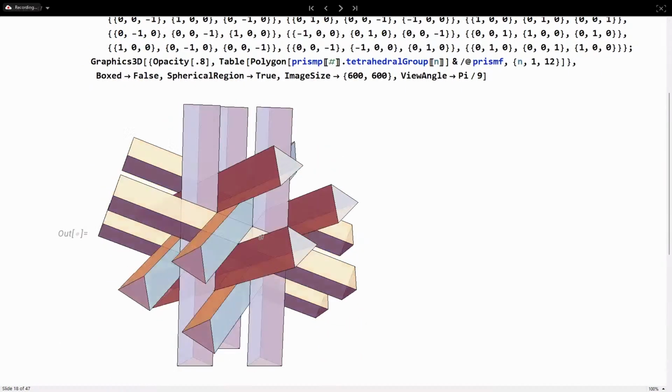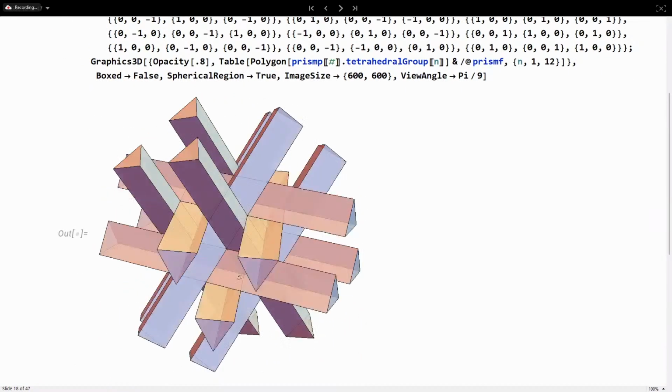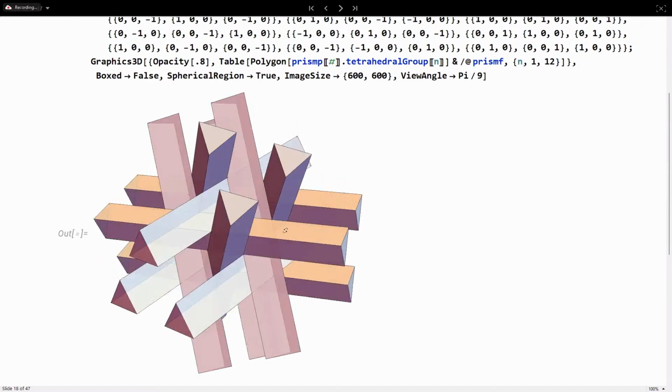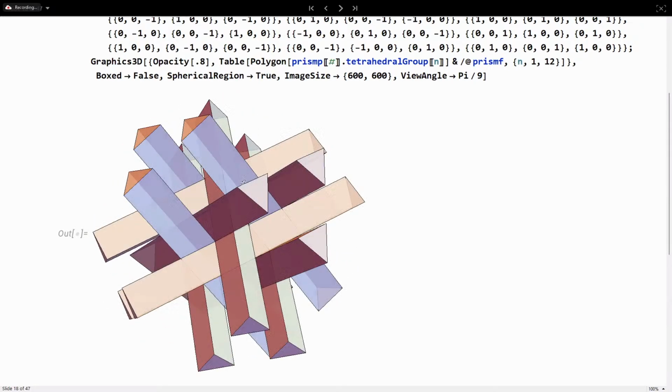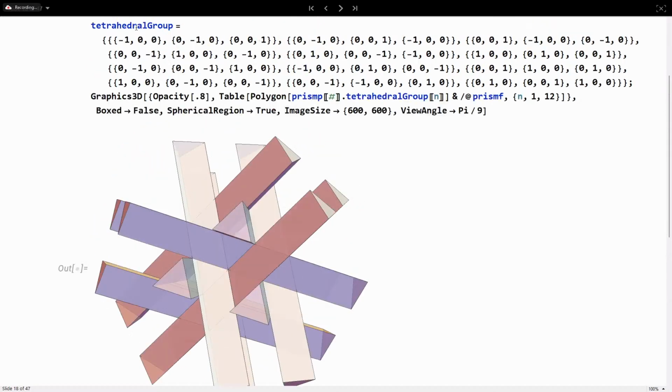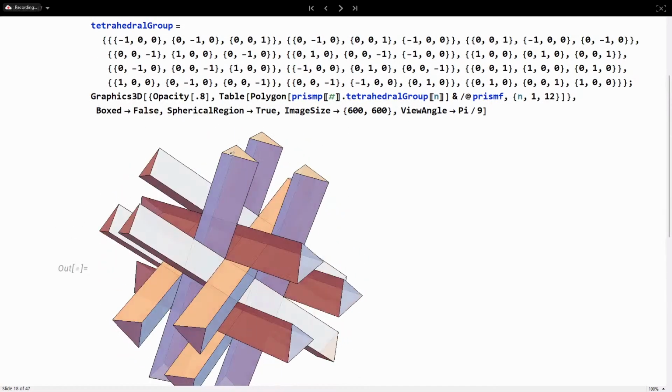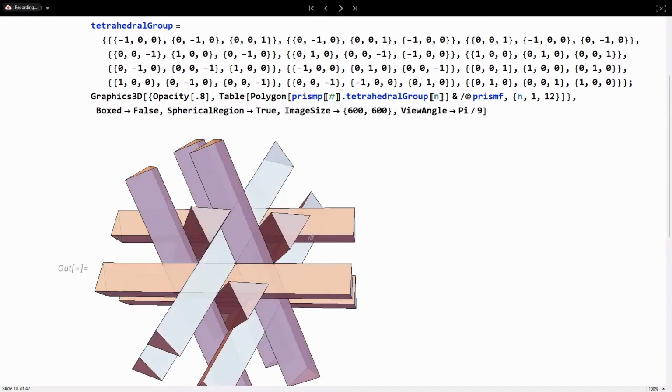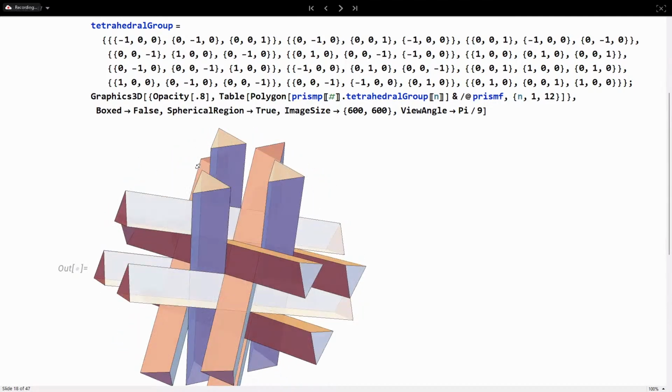And we get this object. We've basically taken one of these prisms and then rotated it by all 12 of these rotation matrices. But I only needed to give data for one of these prisms because the rest is all symmetrical.